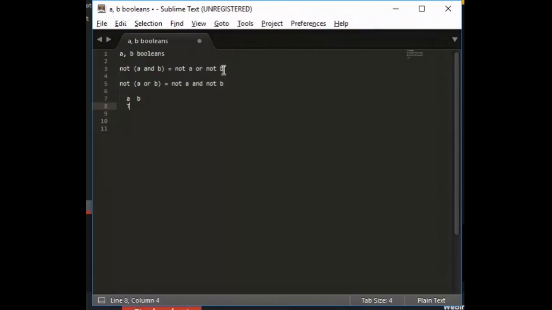I don't know if you've ever done these truth tables, but they can often help make things like this clear.